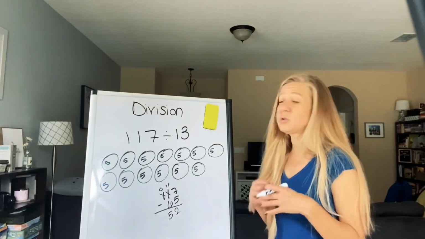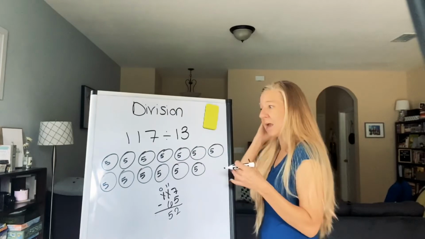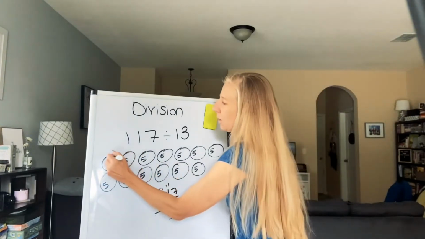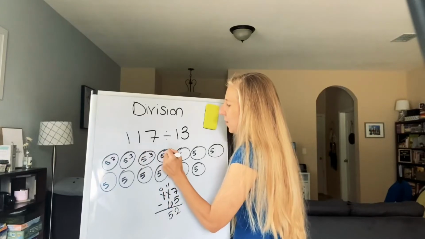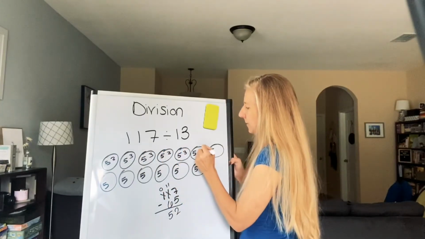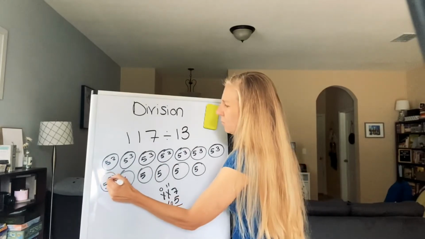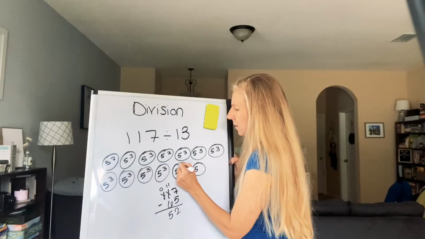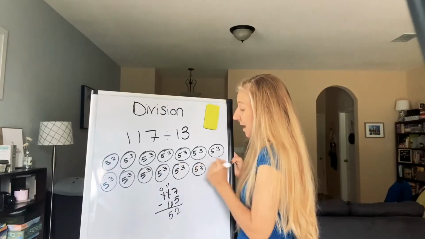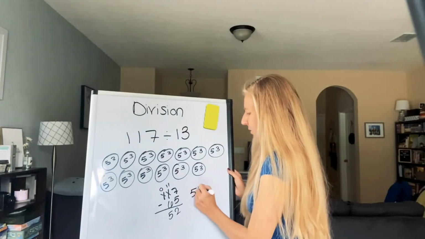So let's do 3 now, because I could take out 13 groups of 3. So 3, 6, 9, 12, 15, 18, 21, 24, 27, 30, 33, 36, 39. So I just took another 39 away. So I had 52.